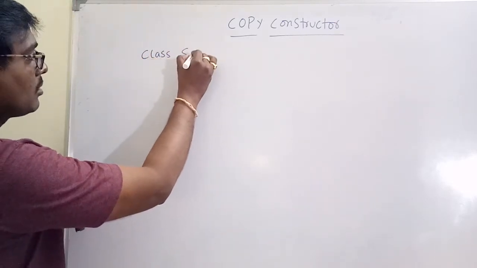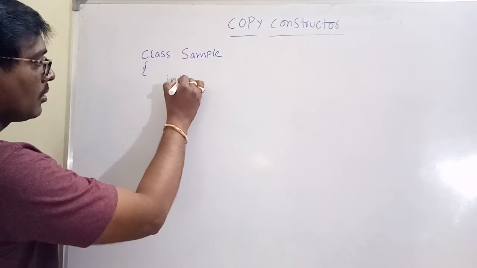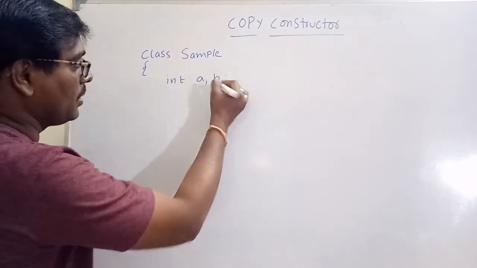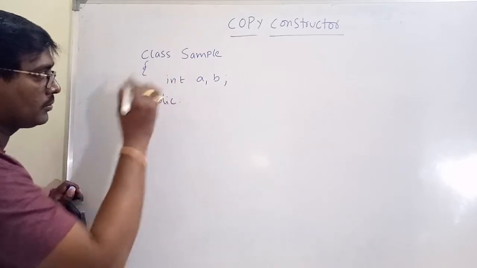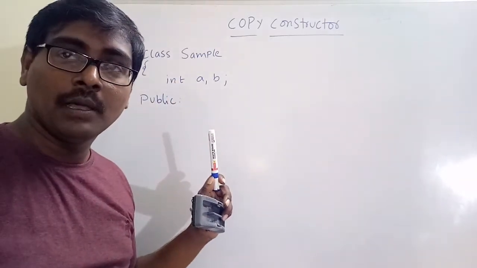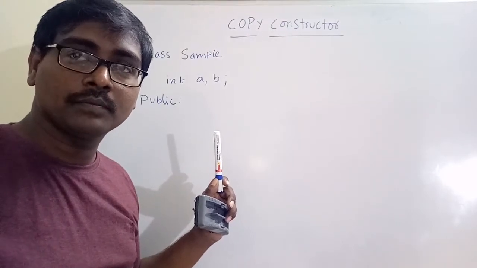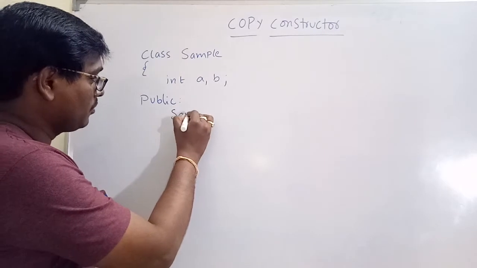Class sample, int a, comma b, public. Okay, class sample int a, comma b, public. Okay, sample of.